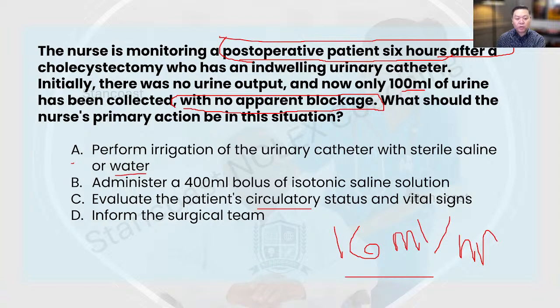So it's no longer a closed drainage system, because a regular Foley catheter only has 2 ports. One is for the installation of air to inflate the balloon, and the other is the port where you connect the pre-connected tubing to the urinary bag.